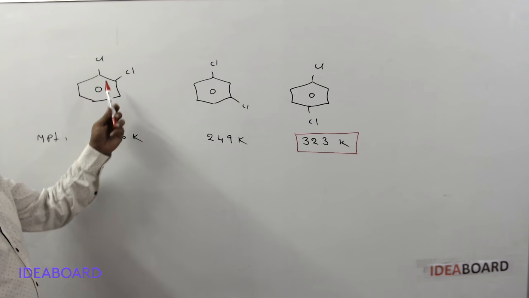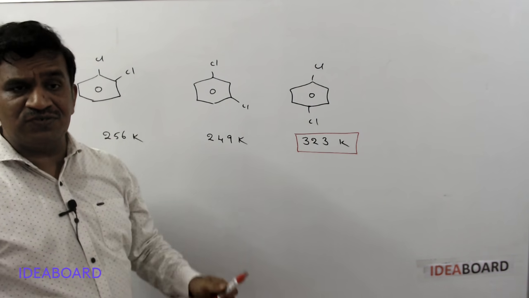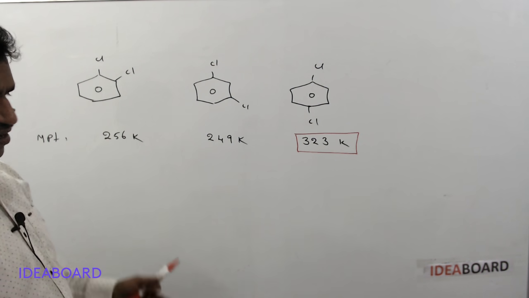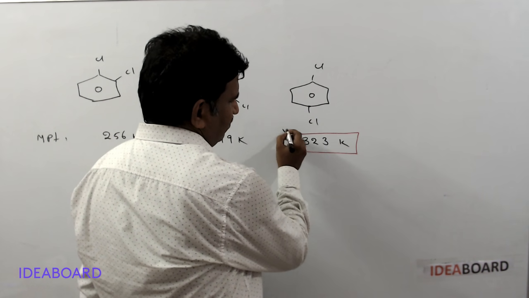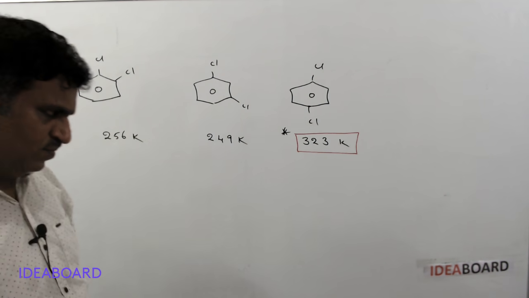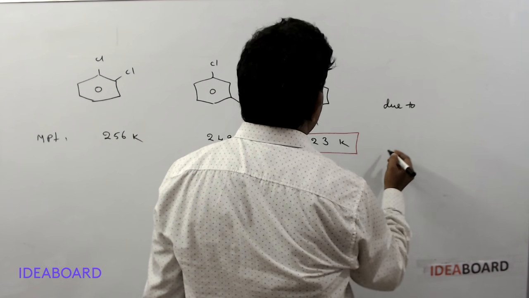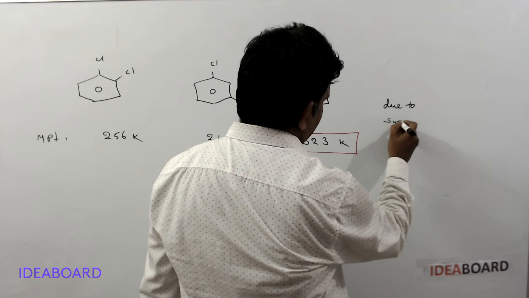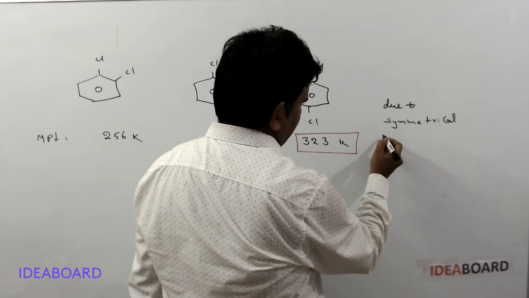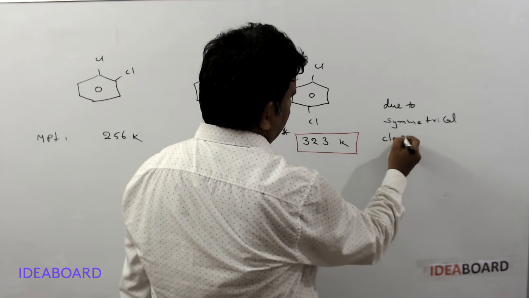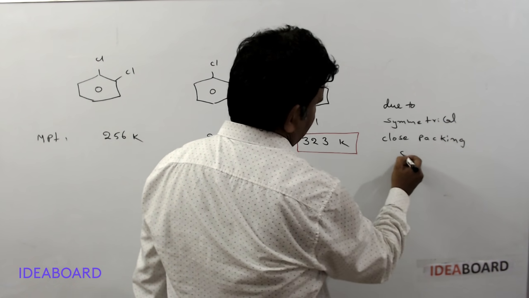Ortho is 256, and from ortho to meta it decreases. Meta to para should also decrease generally. But why does para have an abnormally high melting point value? The reason is its symmetrical close packing structure.